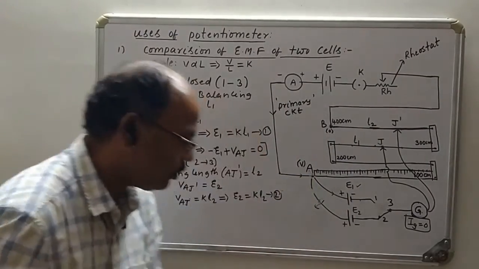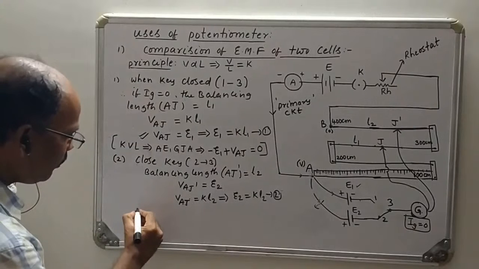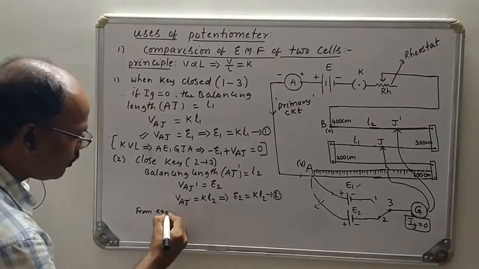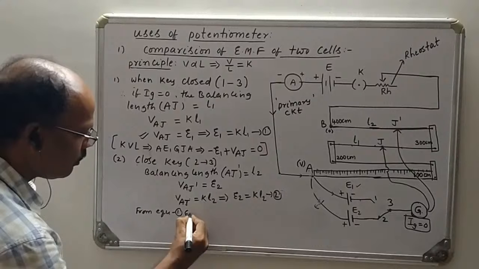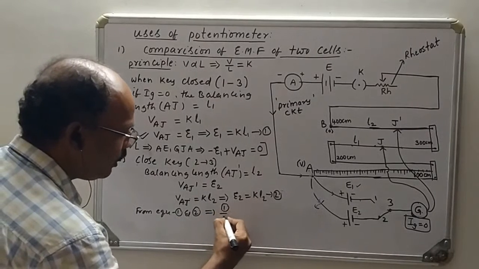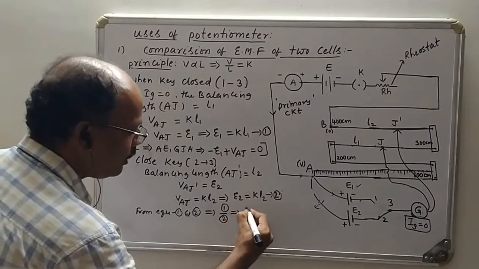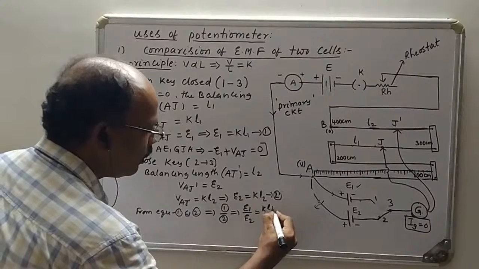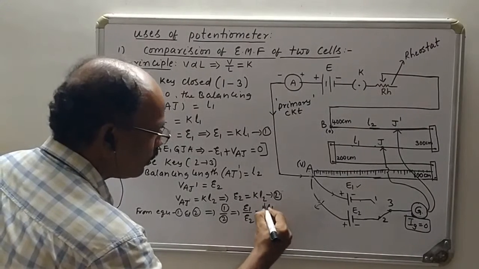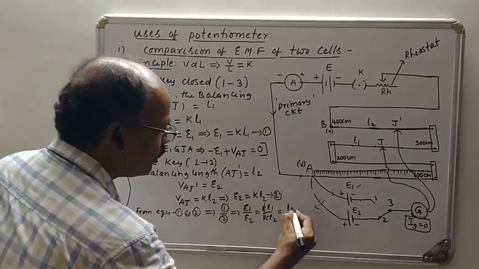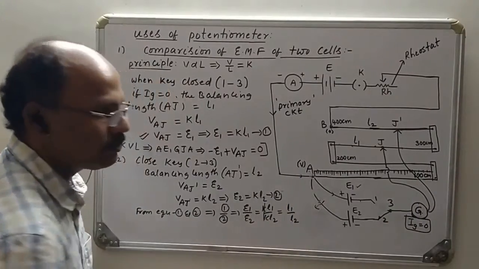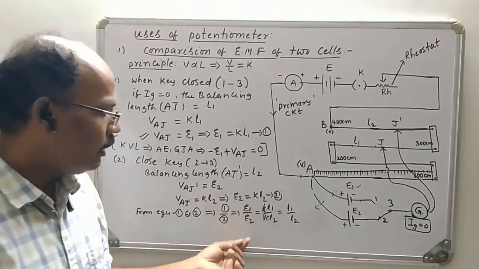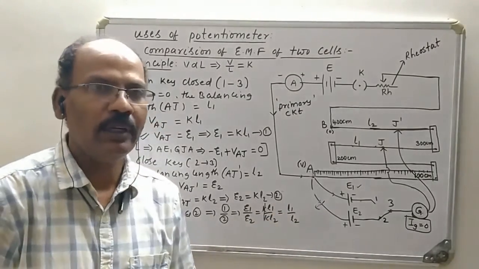Then from equation 1 and 2, we can take equation 1 by equation 2, which implies E1 by E2 is equal to KL1 by KL2. Cancel K, which implies L1 by L2. So the EMF of the given two cells, E1 by E2, is equal to L1 by L2.